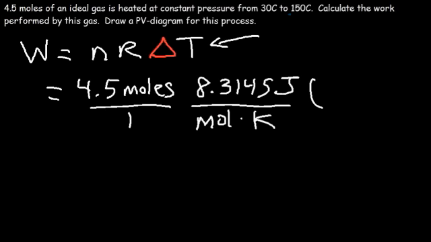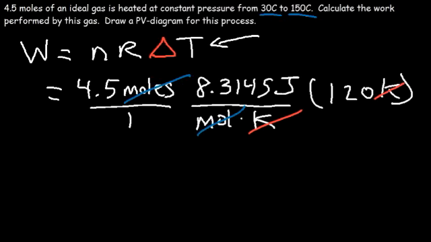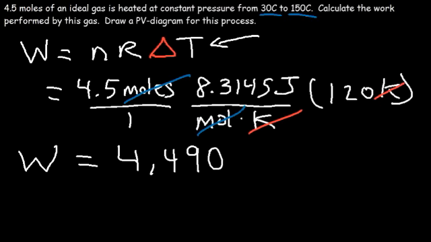The change in temperature, 150 minus 30, is 120. So the Kelvin difference is 120. Notice that the units will be in joules. So let's multiply these three numbers. So the final answer for this problem is 4,490 joules, if you round it.